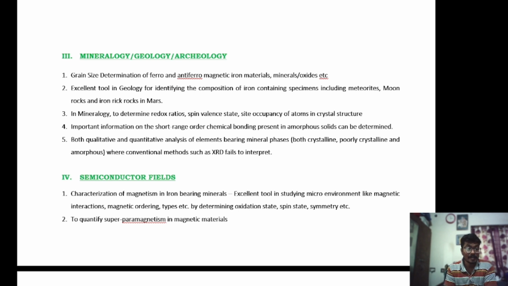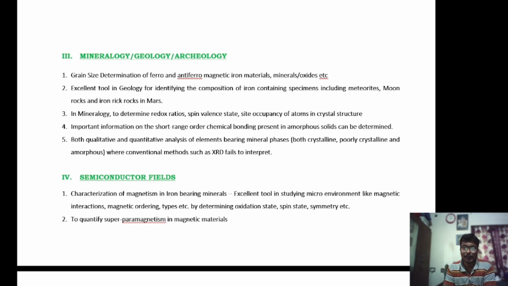So in mineralogy, it is used to determine the redox ratios, the spin valence state, site occupancy of atoms in crystal structures and minerals, etc. Fourth application, important information on the short range order of chemical bonding present in amorphous solids can be determined. This is a very important application. The fifth, both qualitative and quantitative analysis of element bearing mineral phases, both crystalline, poorly crystalline, and amorphous, where conventional methods such as X-ray fail to interpret.